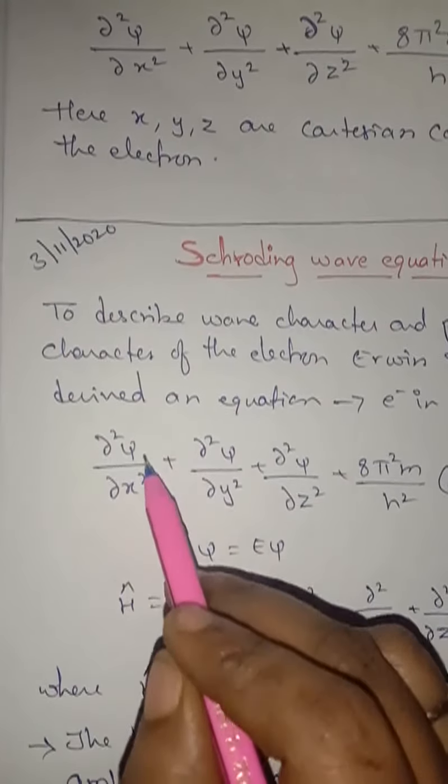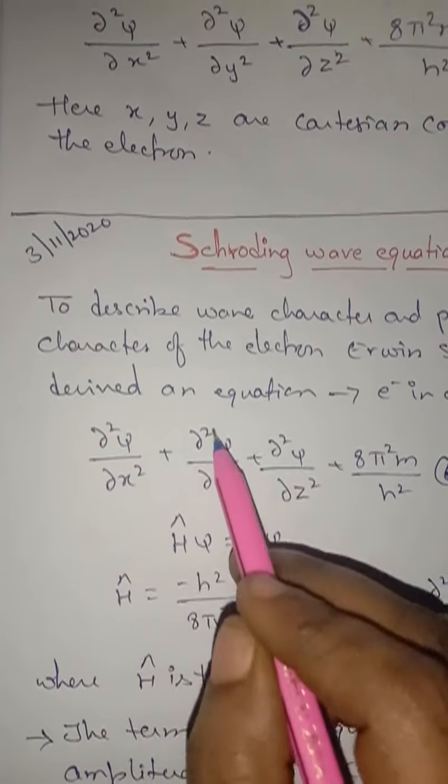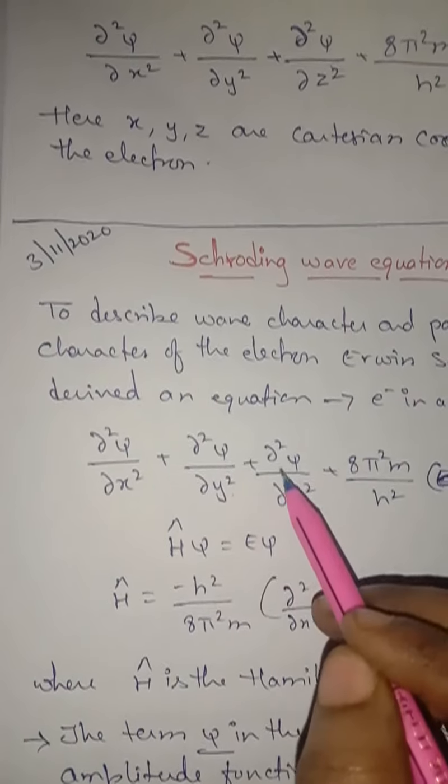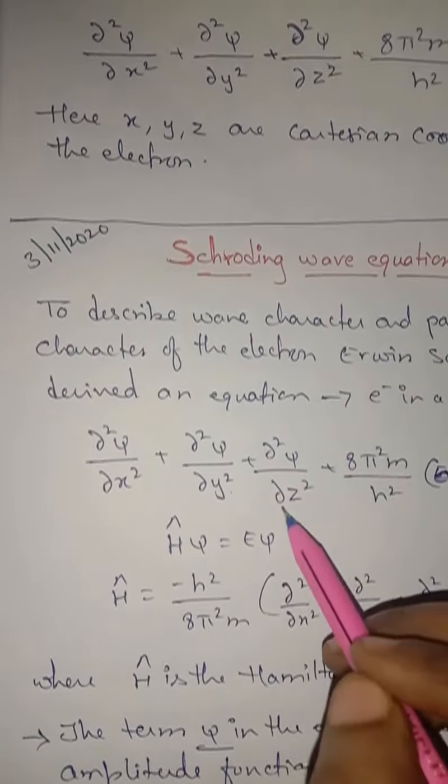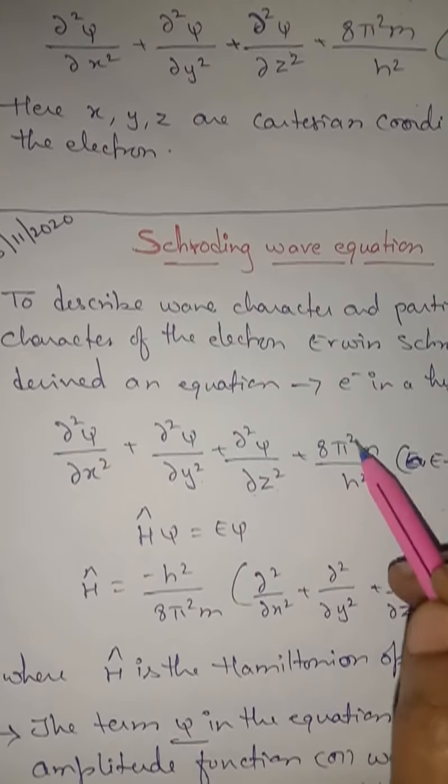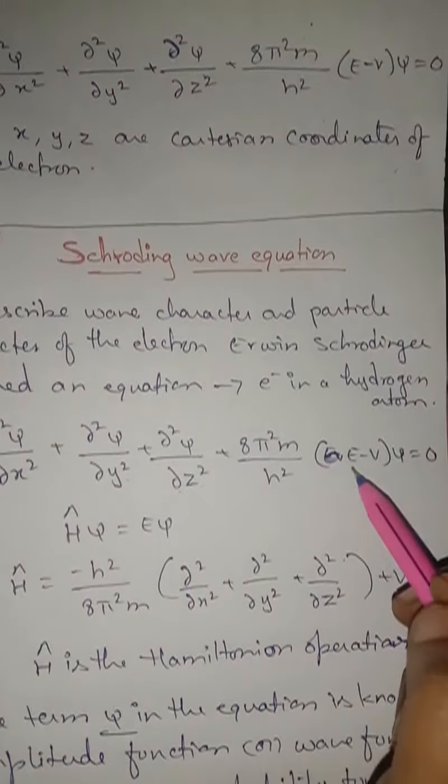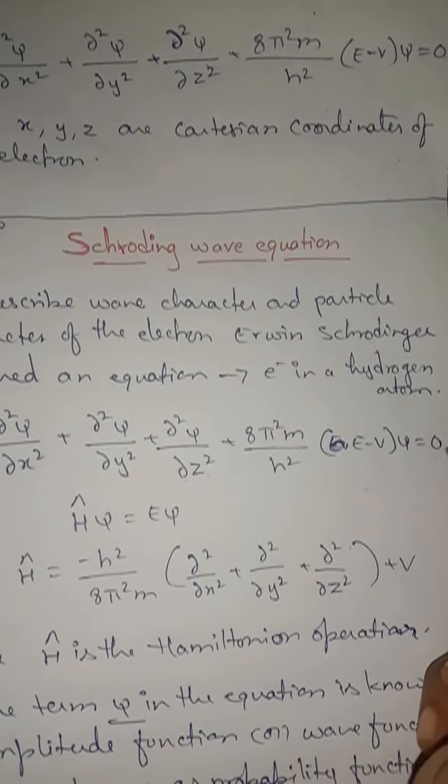Dou square psi by dou x square plus dou square psi by dou y square plus dou square psi by dou z square plus 8 pi square m by h square into (E minus V) into psi equal to 0.